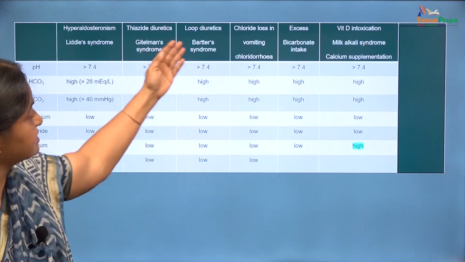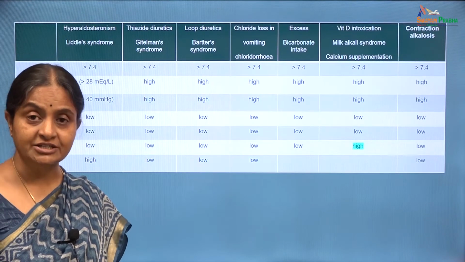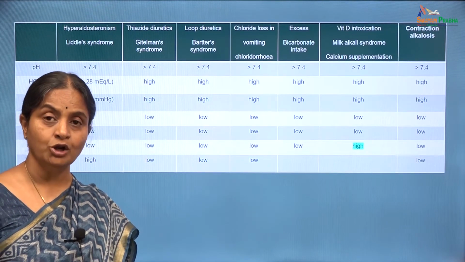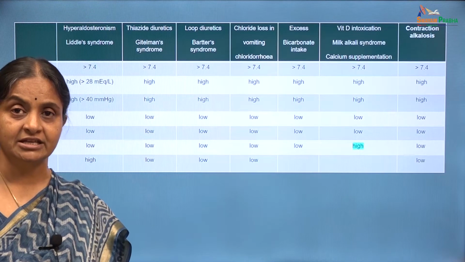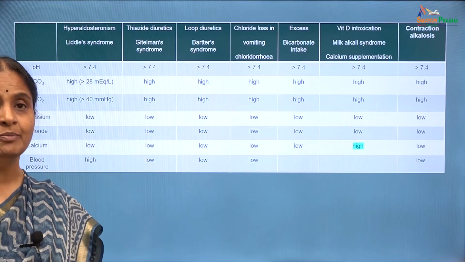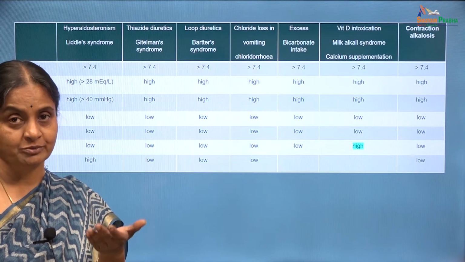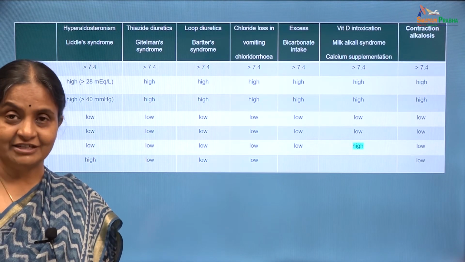In addition to all these conditions, there is another condition called contraction alkalosis, where volume contraction or reduction in extracellular fluid volume per se can induce alkalosis, probably by upregulating sodium reabsorption in the proximal tubule and in the distal tubule.